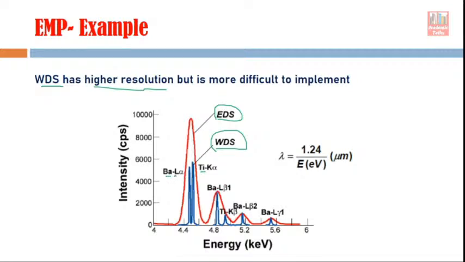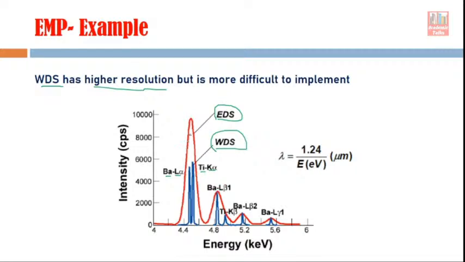In barium this is the L alpha transition, and in titanium it is the K alpha transition, but their energy is very close to each other. So in case of WDS it is possible to see these two peaks separately because of very good resolution. But if we see the EDS signal here, we get only a single peak, because these two peaks are merging together.